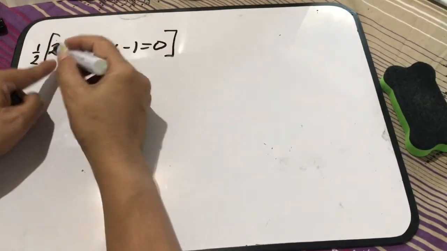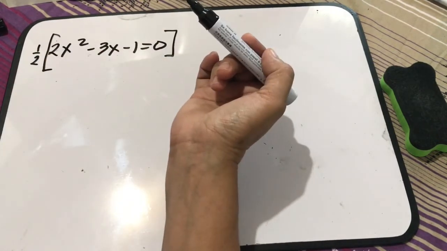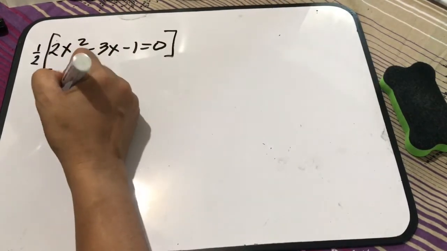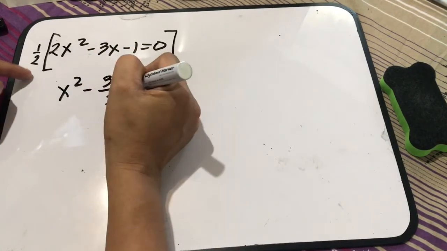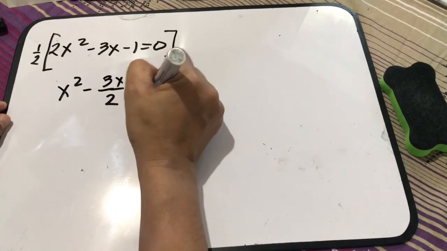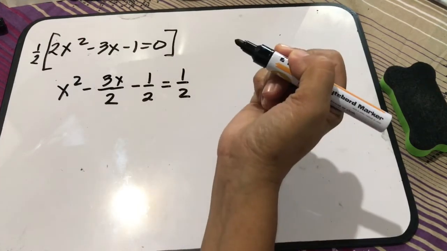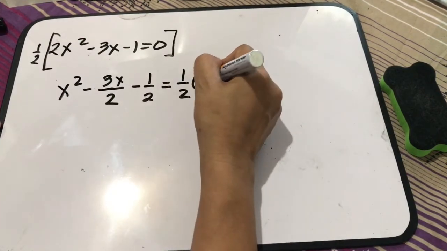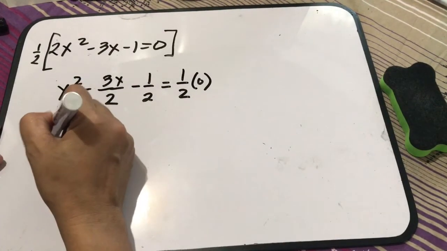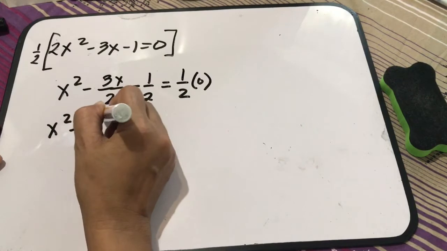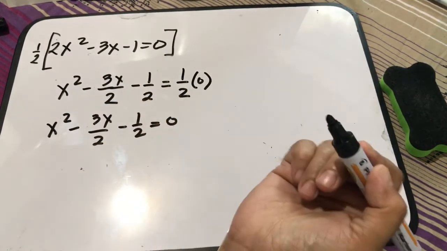This is to eliminate the coefficient of x squared, which is equal to 2. So, this will give us x squared minus 3x over 2 minus 1/2 equals 1/2 times 0, so x squared minus 3x over 2 minus 1/2 equals 0.